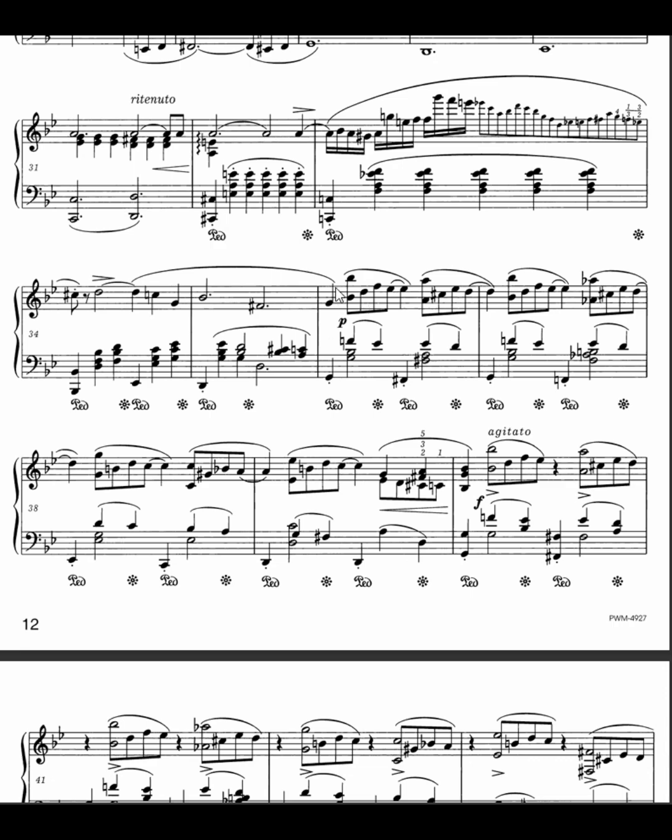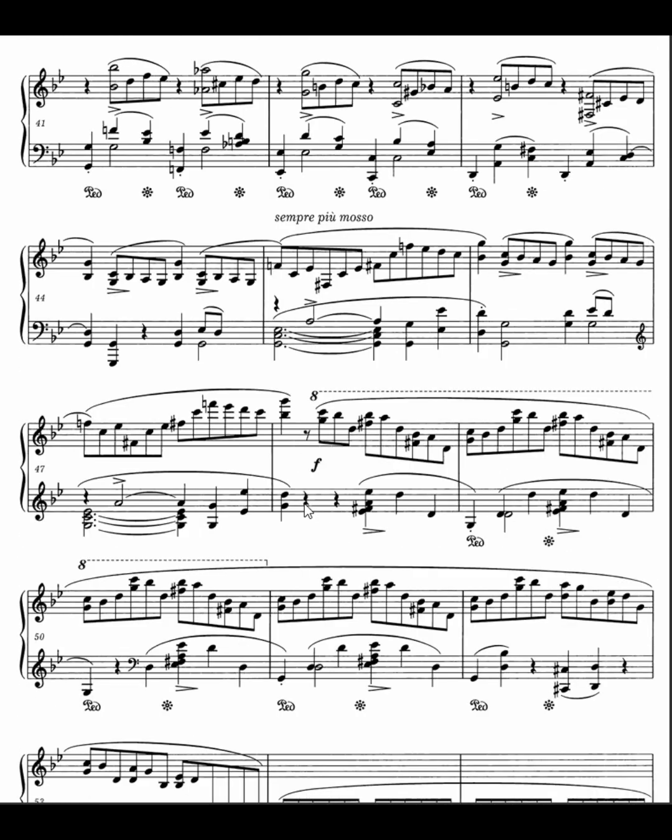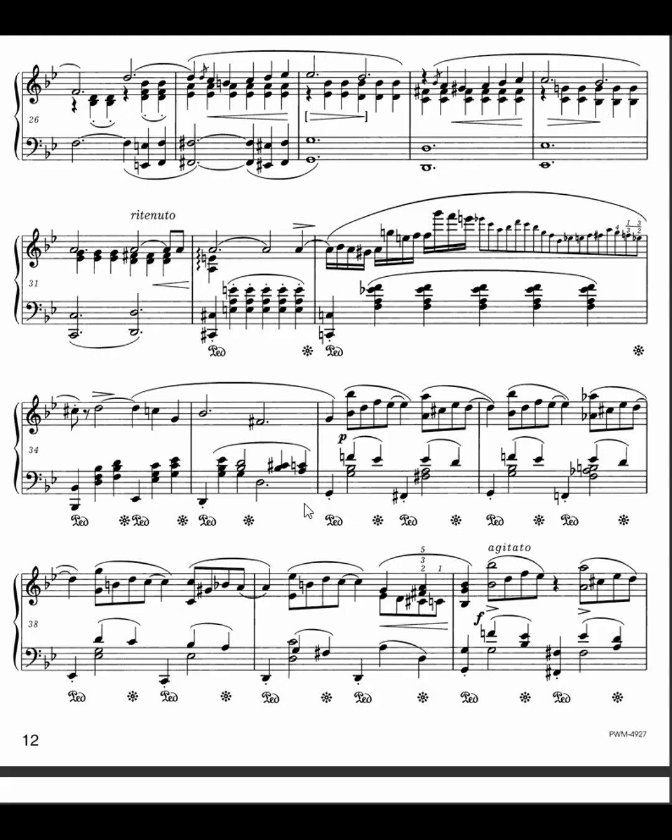Let's continue. We have this important passage, which is a beautiful example of evolution of the motif. So as you can see, we have these little cells. Apparently, they're behaving with constant changes.